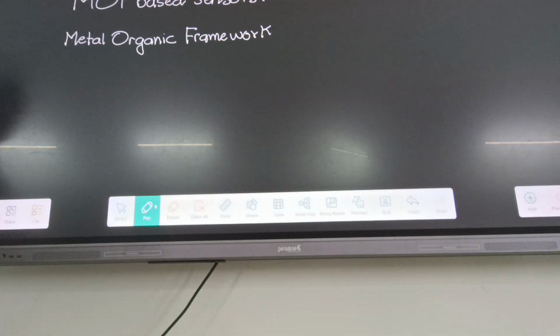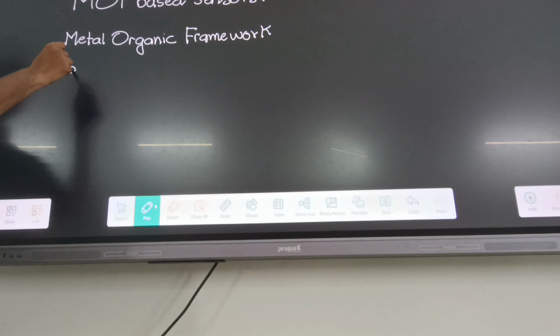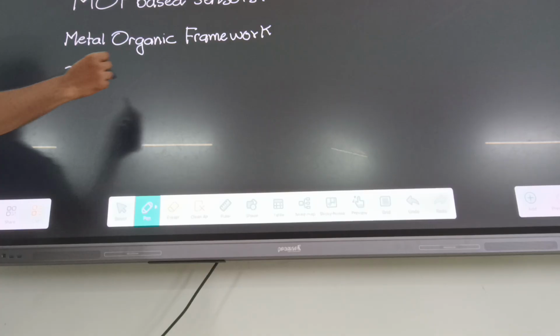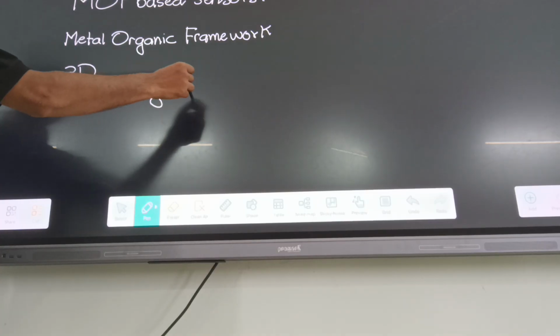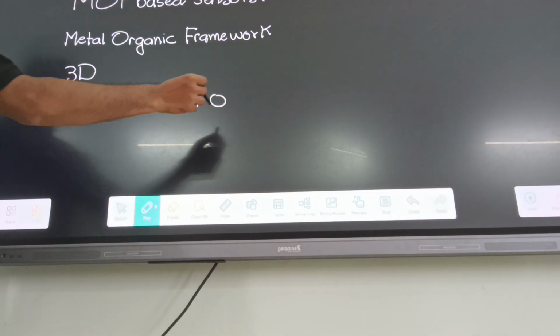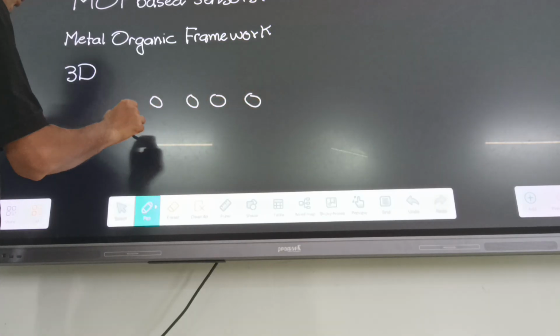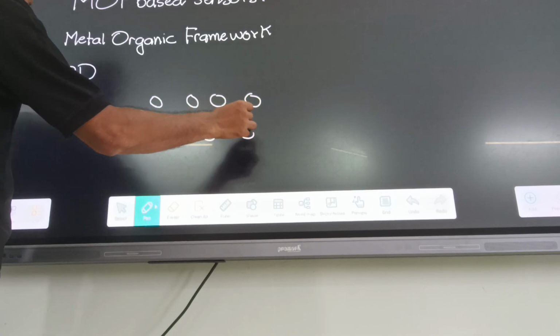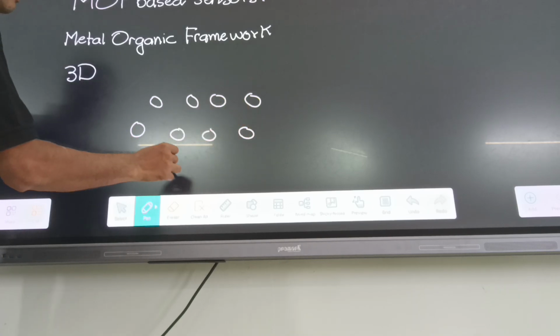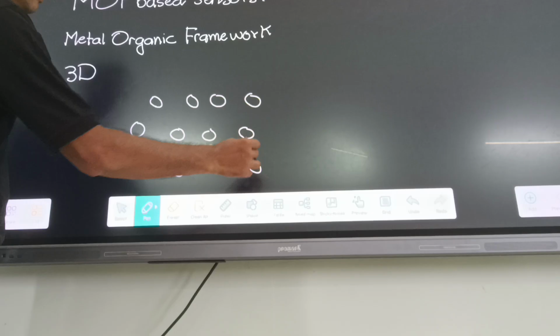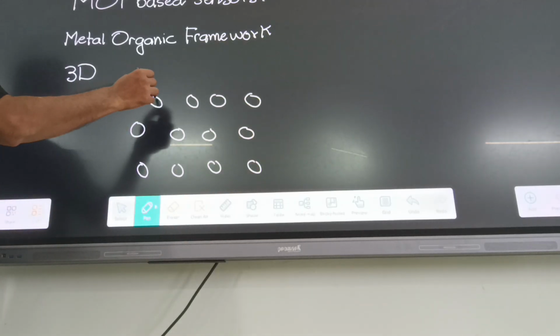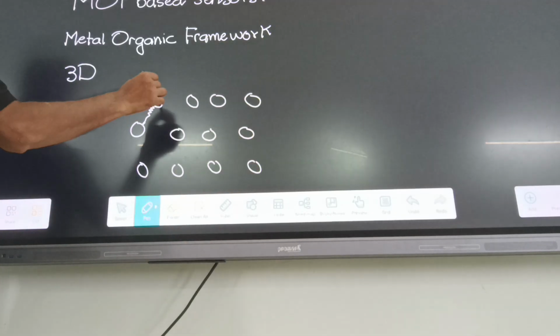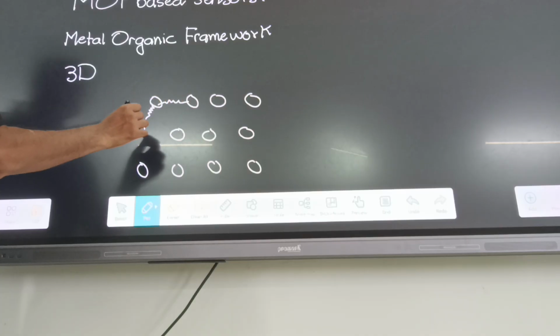So it is a three-dimensional structure with metals acting as nodes, metal ions. And they are connected by organic links.